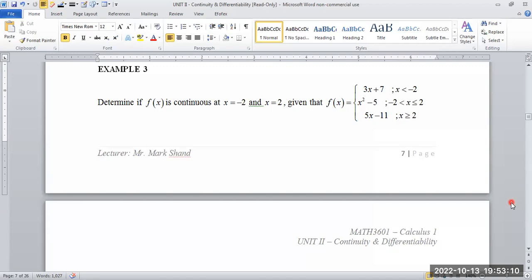Am I disconnected? We're hearing you. So, Rowe, I'm waiting on you. You were explaining something before. I want you to go back to it. Oh, sir, I couldn't hear you a while ago. I was saying that I think it's 3x plus 7 because the x is less than -2, so it's to the left.